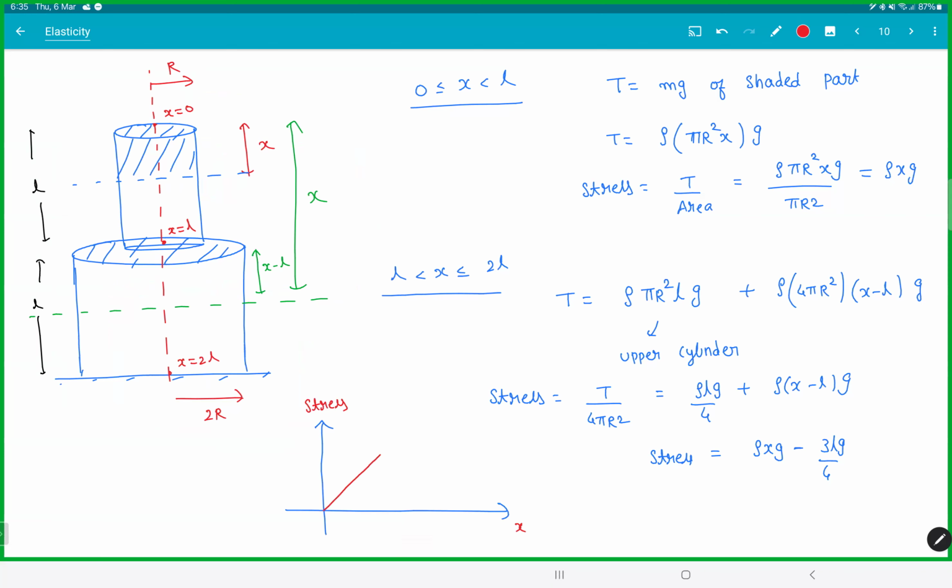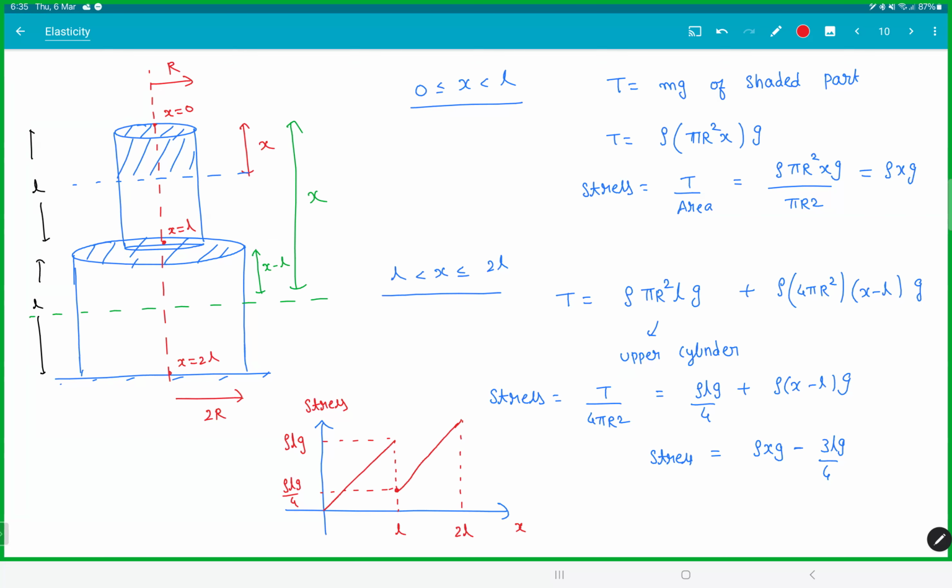It's a line passing through the origin till L. At this point, the stress is rho Lg. Then suddenly, when you go from here to here, area suddenly became 4 times, but the tension remained same. The graph will just collapse here. It will be rho Lg by 4. This is also a straight line.